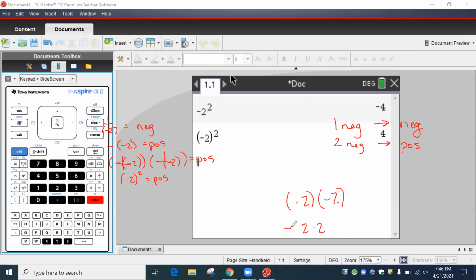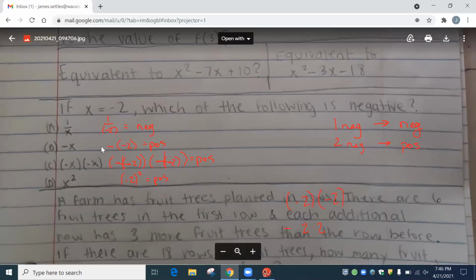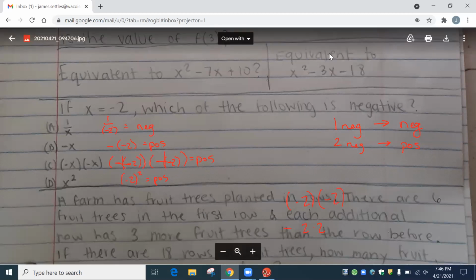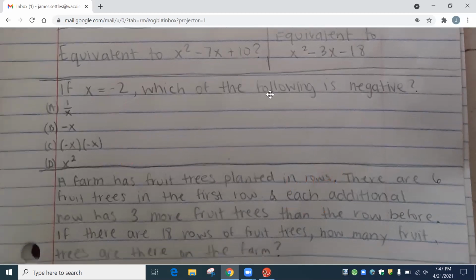And so it's just doing 2 times 2 and then keeping the negative. So if you don't put the parentheses, it'll make it look like the answer is negative. If you do put parentheses, then the answer will come out positive. So all that being said, these 3 should be positive. This was the only one that was negative. And like I said, the key to this one is making sure that when you substitute it in, that you put it in parentheses.